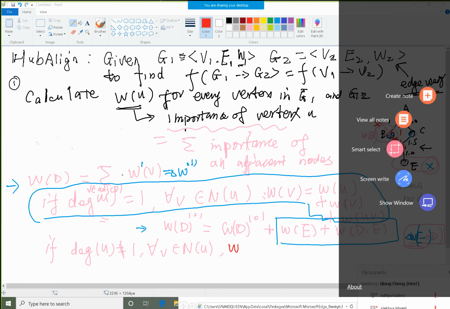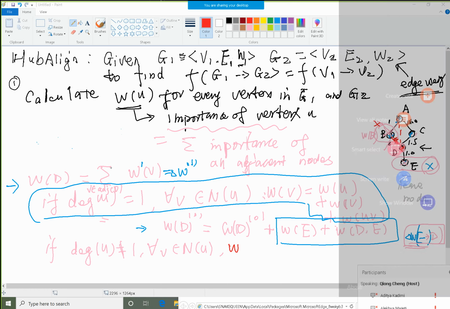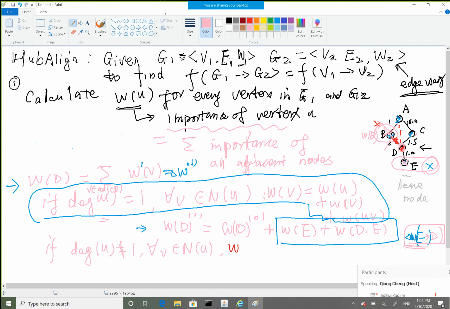So let's go back to here. We want to check this one since we consider adjacent nodes. And such that we see the new edge. What is the contribution from this new edge?